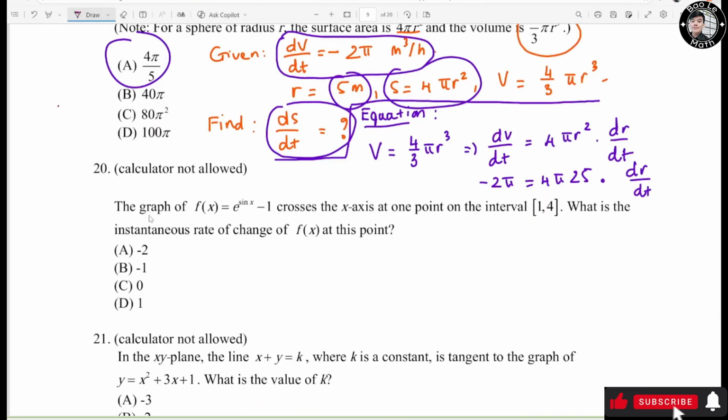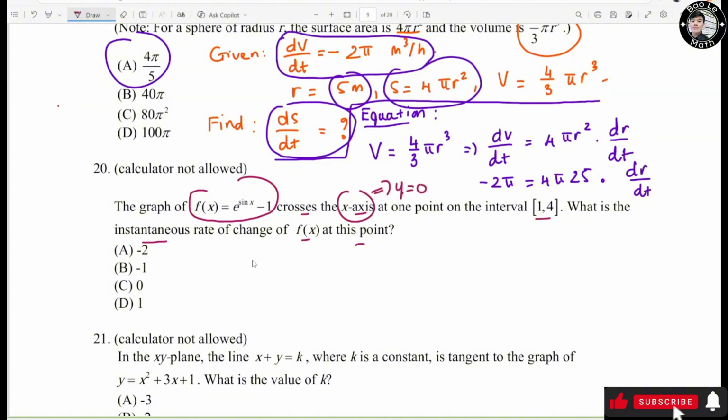Now question 20. The graph of the function f(s) equals e to the sine s minus 1 crosses the x-axis at one point on the interval 1 to 4. What is the instantaneous rate of change of the function f(s) at this point? First you need to find the intersection between the function f(s) and the x-axis, which means y equals 0.